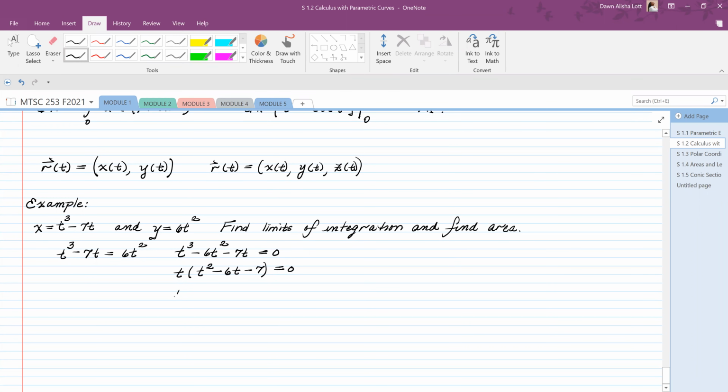So I get t times t plus 1 times t minus 7 equals 0. So now I get t is equal to -1, 0, and 7.